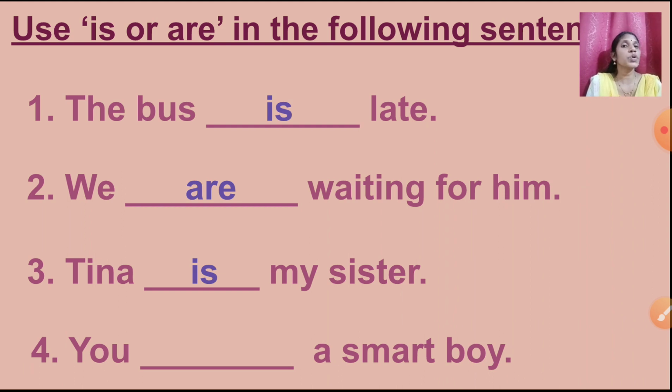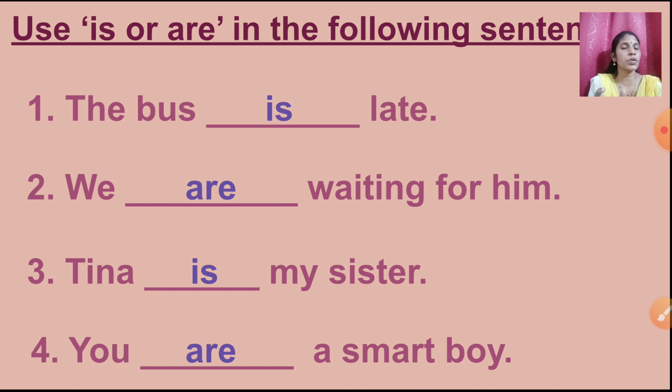Okay. So you is referring to one or many. The word you refers to one or many. So whenever the word you is coming, that time we are supposed to use are. Whether it may be one or many, that is not seen.